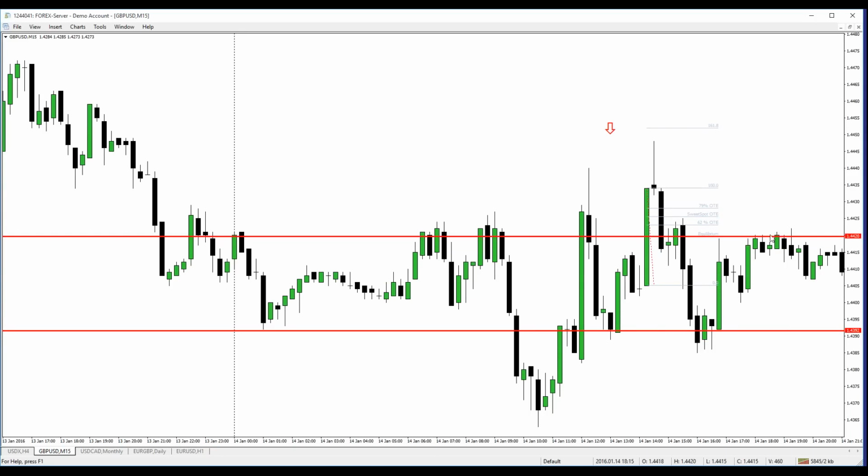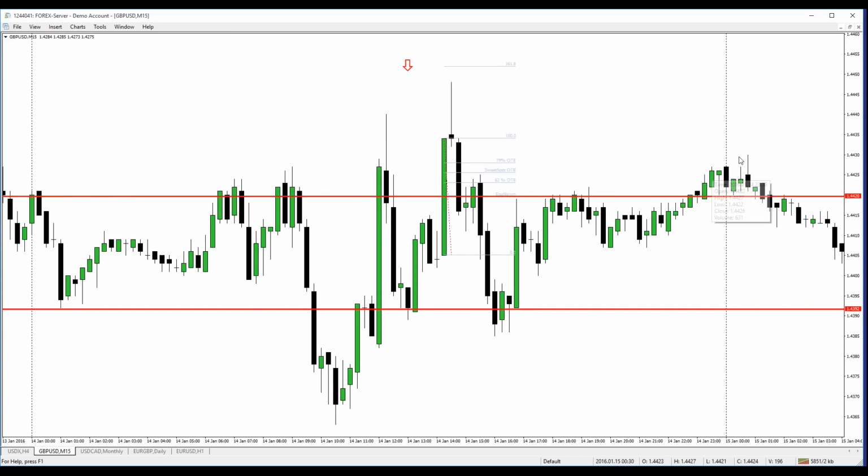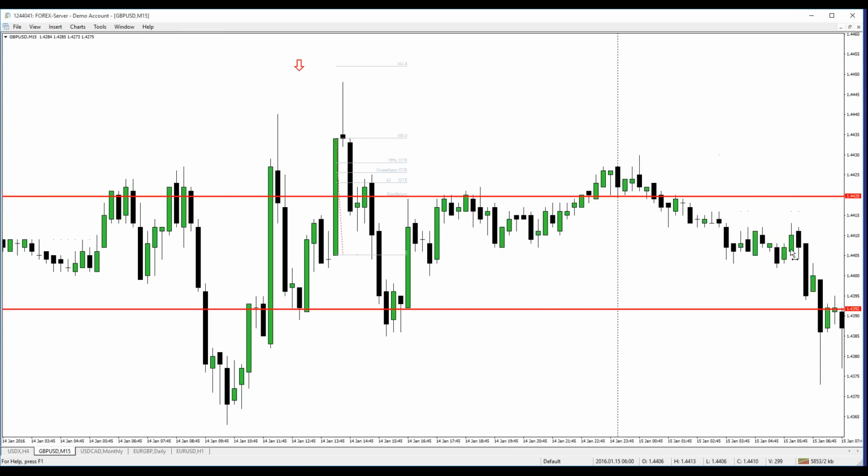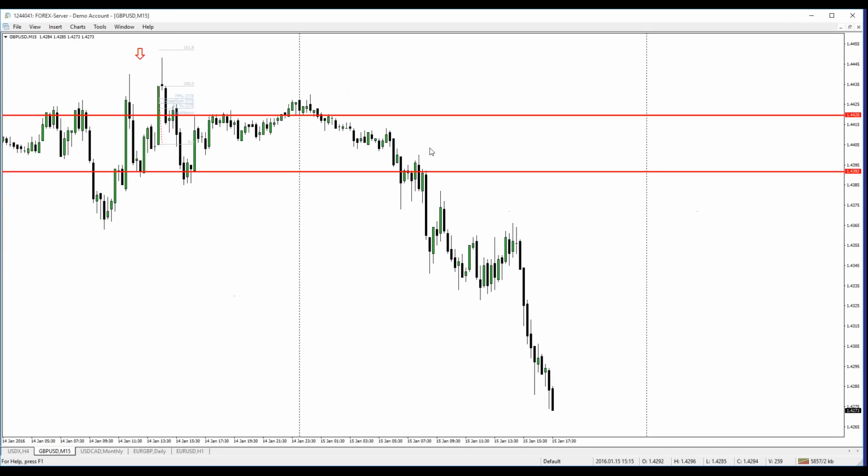Look at the reactions in here. See that? Middle of this up candle. Look at the buys of the candle right there. Sweeps in just a little bit above it, but ultimately starts to sell off. It runs, reaching for the order block right here. And that's where we're at now.